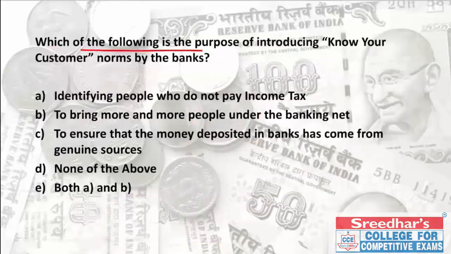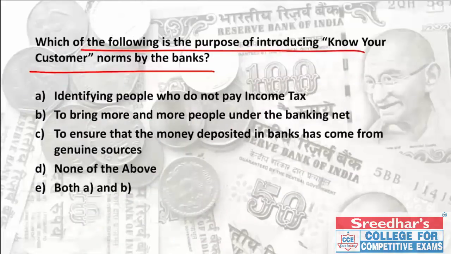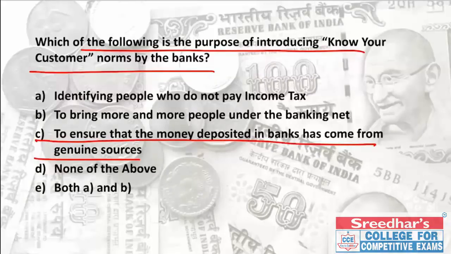Which of the following is the purpose of introducing Know Your Customer norms by the banks? To ensure that money deposited in banks has come from genuine sources. So the money deposited in the banks should come from genuine sources of income.